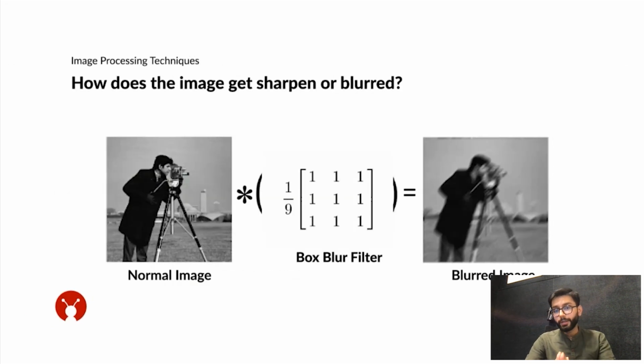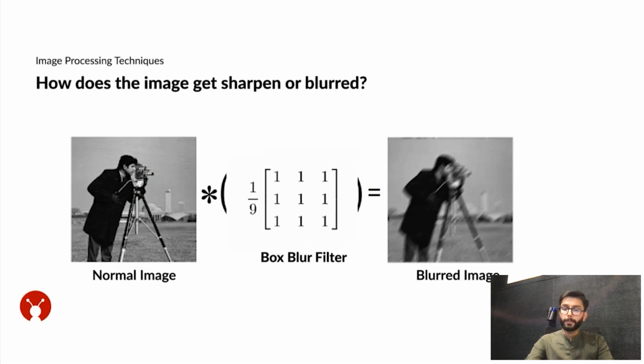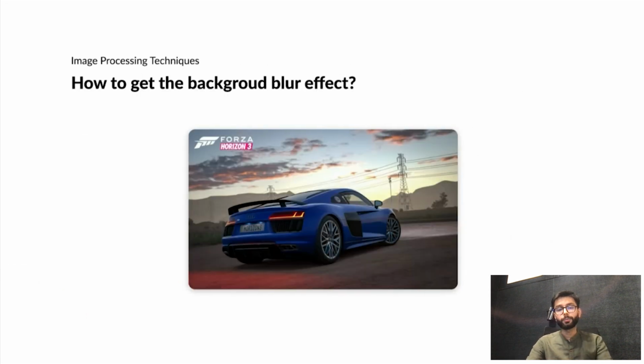There are some predefined filters as well, and you can create them too. You can play with them. Here there is a normal image, and we are convolving a box blur filter over it, and the result that we get as a matrix is a blurred image. Perfect. We have always done these kinds of things in our photo editing apps as well, right? But let's suppose we are playing a game, like Forza.